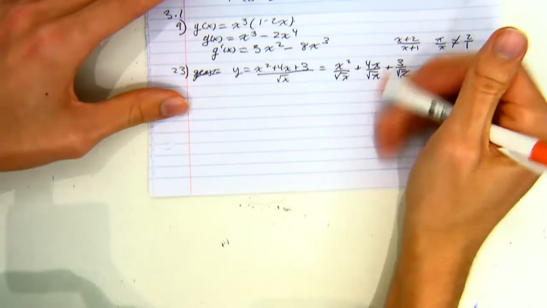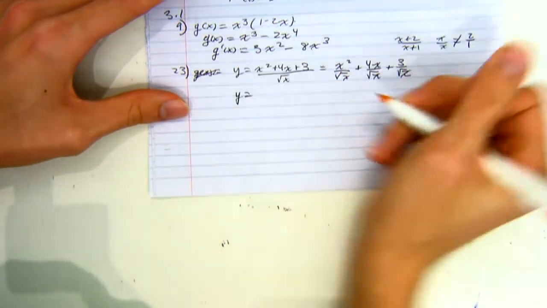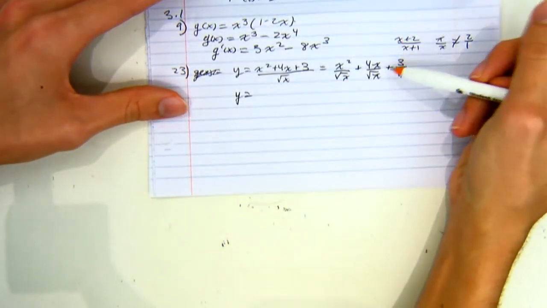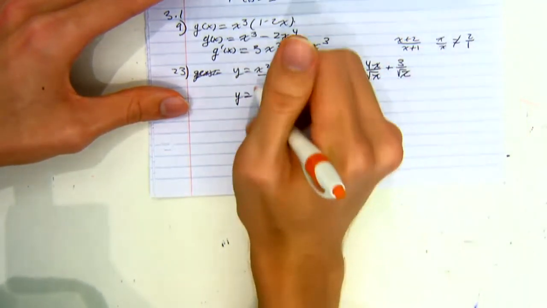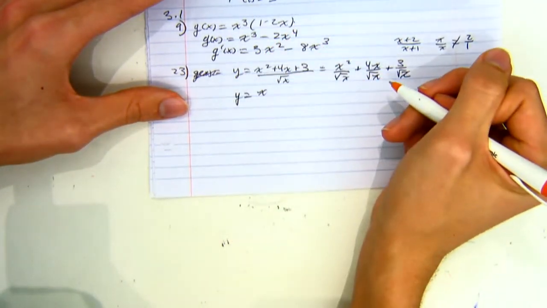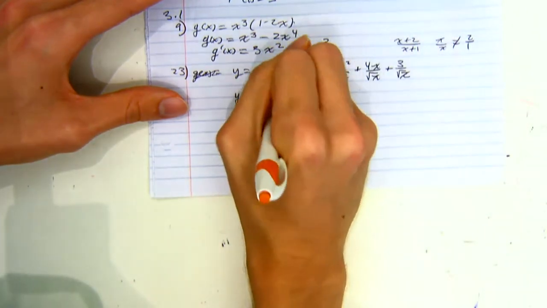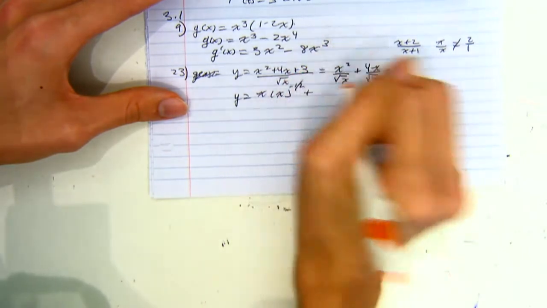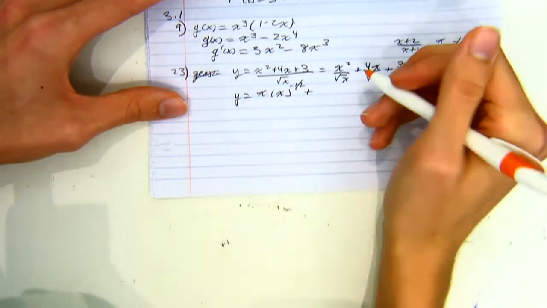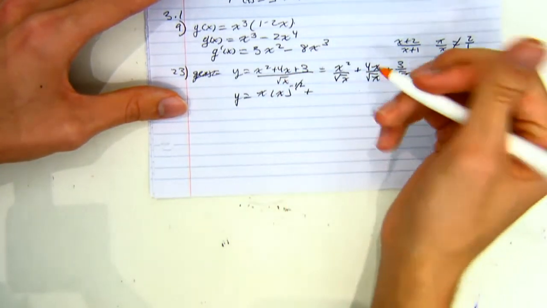So it still looks kind of messy, but it's not that bad. We can rewrite these using our exponent laws. So we know this is -1/2. We know all these are going to be -1/2 because it's in the denominator and they're being square rooted.